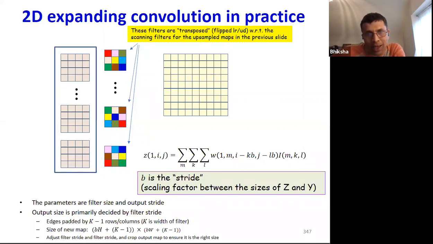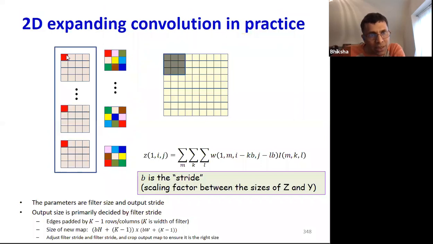And then we multiply the first element of the input map with the filter, add these up, and you're going to fill in the first element of this block of this upsampled map. Then you multiply the next element of the inputs by the filters, sum them up, and then you're going to stride forward by B over here, and drop the result into that location.